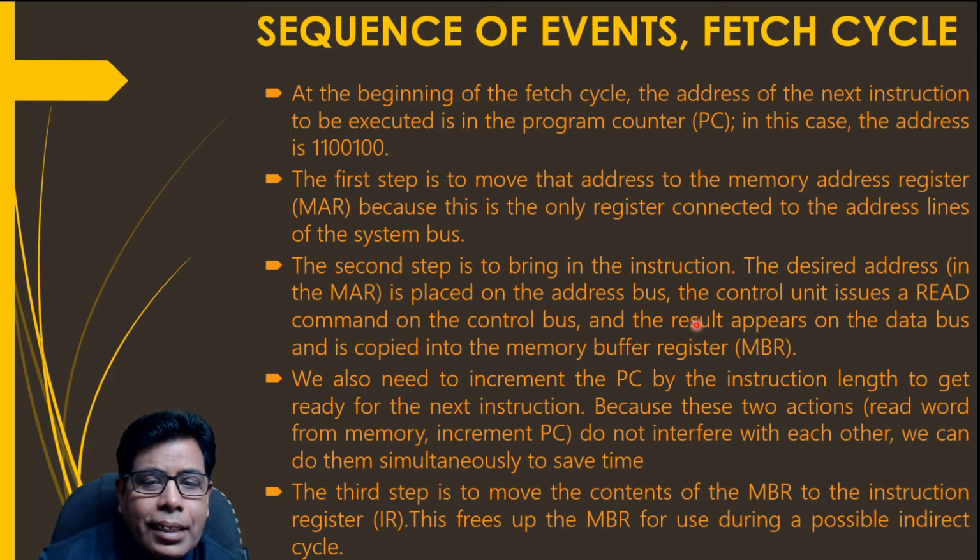Possible indirect cycle means if we want to load another address or data, that will be coming from the MBR, the memory buffer register.